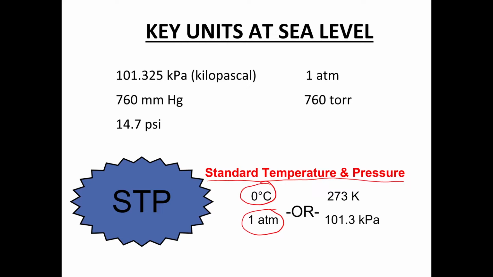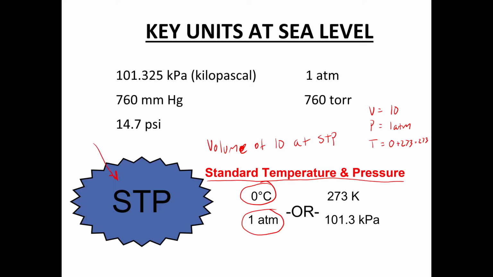So if I tell you that you have a volume of 10 at STP, what that means is that your volume is equal to 10, your pressure is equal to 1 atm, and your temperature is equal to 0 degrees Celsius, but we need to convert that. So 0 plus 273, which is 273. But that's basically what you want to understand about standard temperature and pressure.